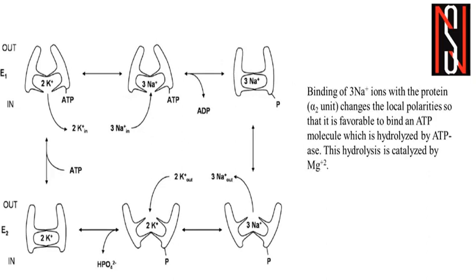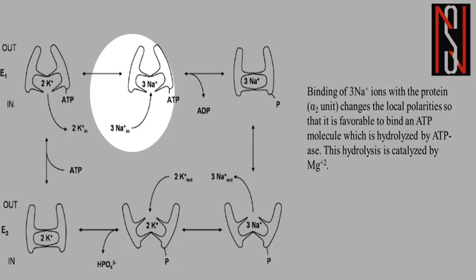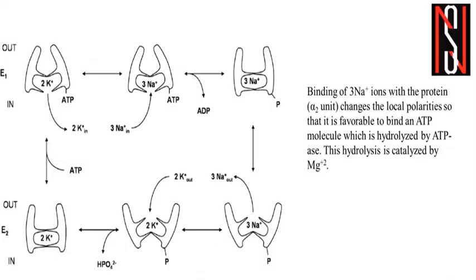In the first step, the sodium ions bind with the alpha 2 units. How many sodium ions? In the first step, 3 sodium ions bind to the alpha unit and change its local polarity. When sodium binds with this alpha unit, it becomes positively charged, and then it becomes favorable to bind a negatively charged particle.